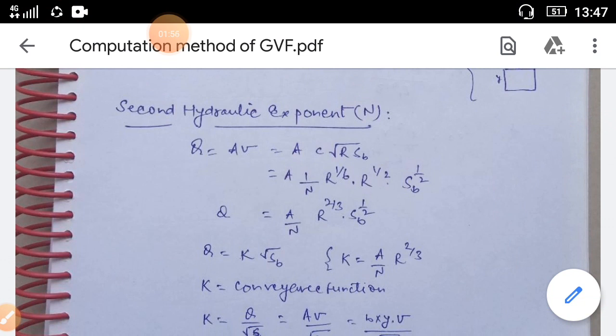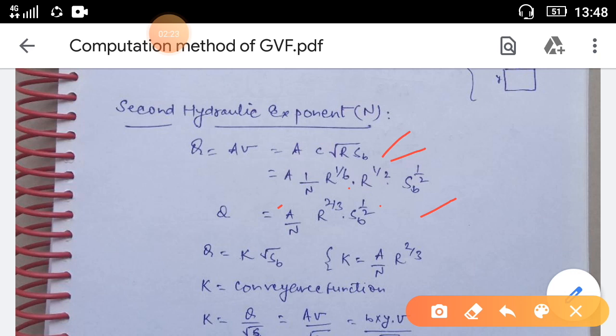We are putting V equal to C under root R S_B, and C in terms of Manning we will put here. So A into 1 by n R to the power 1 by 6 into R to the power 1 by 2 S_B to the power 1 by 2. We already broke this root in terms of 1 by 2.